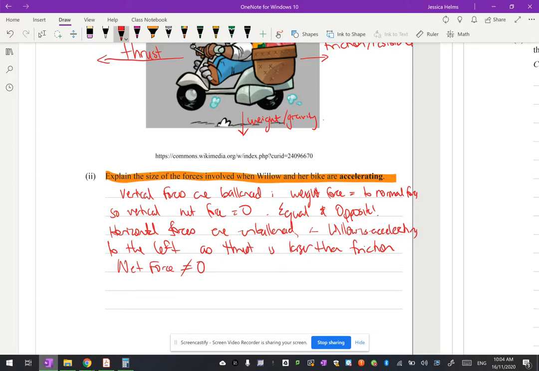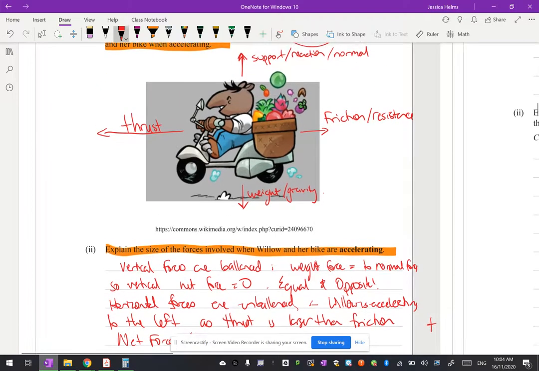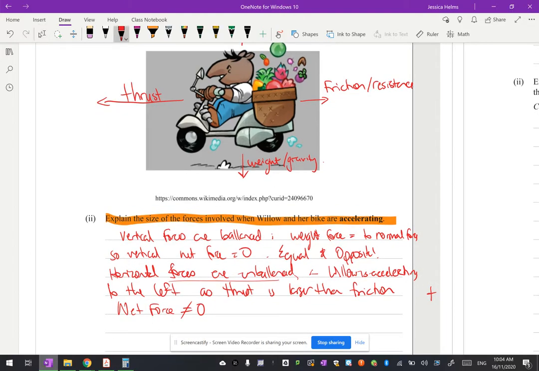Okay, so this is an excellent answer for all of these things. For all of these things, you need to have a correctly drawn diagram and explain that the unbalanced forces cause this change of speed. So it's unbalanced, and therefore she is accelerating.